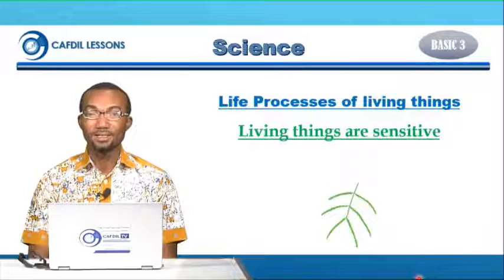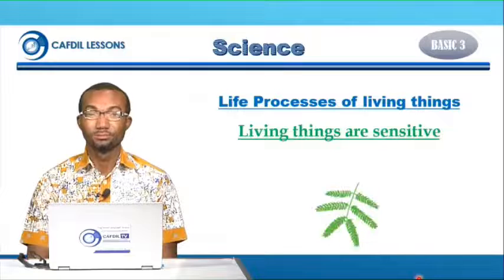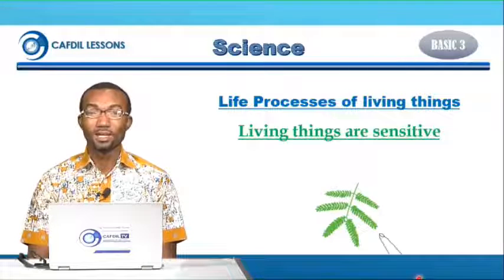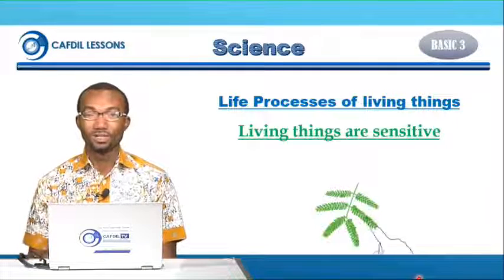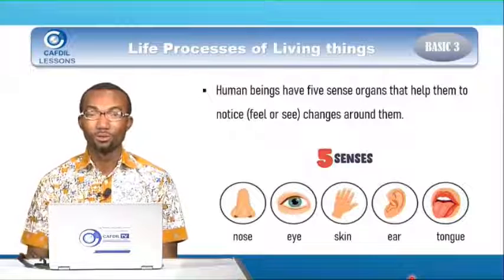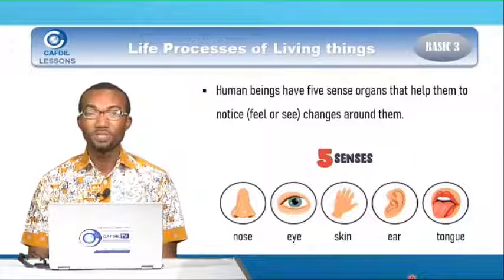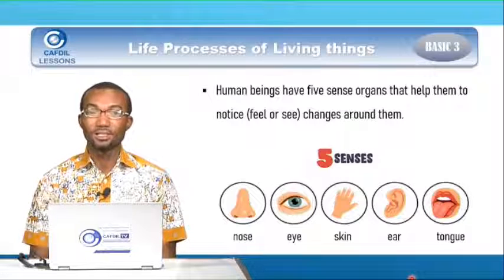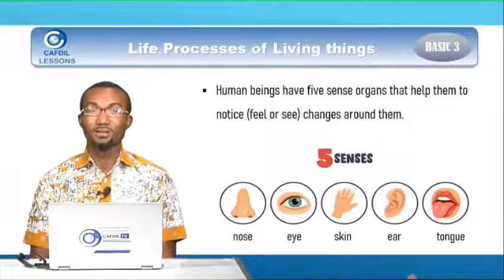Living things are sensitive. Sensitivity is also a life process of living things. When we say sensitive, what do we mean? Human beings have five senses that help them to notice, that is, feel or see changes around them.